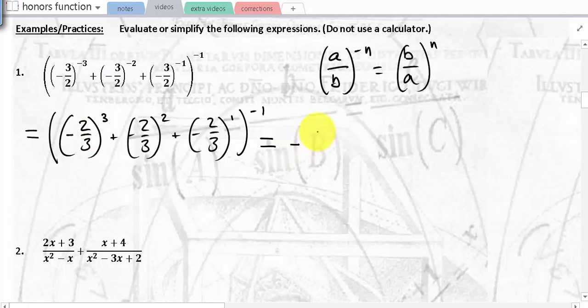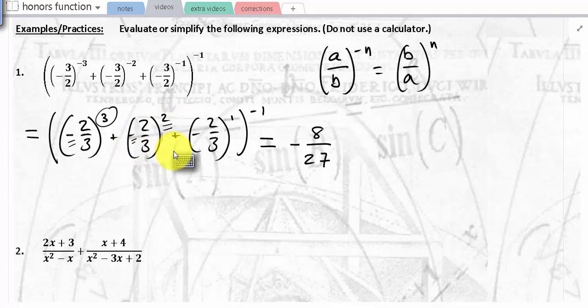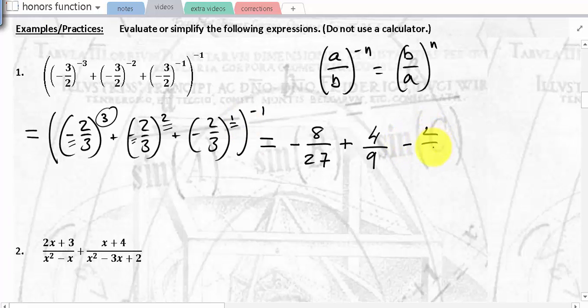It is negative 8 over 27. 2 cubed is 8, 3 cubed is 27, and the negative stays because you have a cube. Negative 2/3 squared now. This negative will not stay because you have a square, right? So it is plus 2 squared is 4, 3 squared is 9, plus 4 over 9. And finally, the first power, well, you can just remove it without doing anything, minus 2/3.